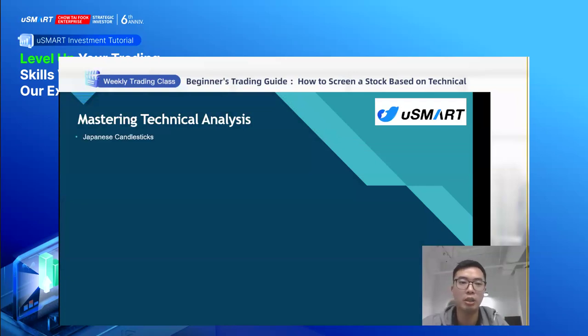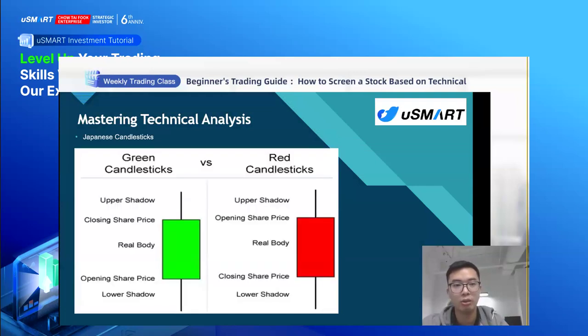First of all, I will start with the candlesticks, which are Japanese candlesticks. Here you can see there are green candlesticks versus red candlesticks. Green candlesticks are usually the bull candlesticks. A bull candlestick means it opens low and closes high. The red candlesticks open high and close low, which is bear.